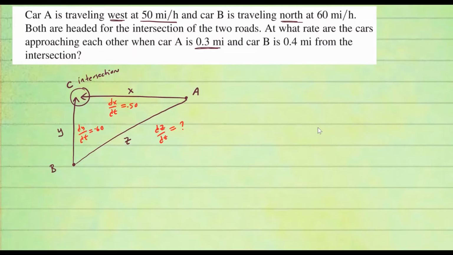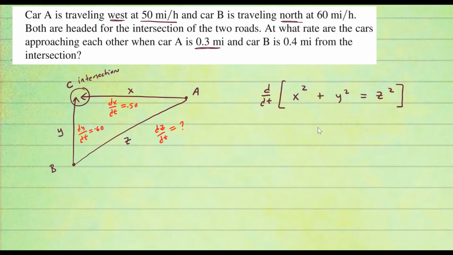So how do we set this up? We're going to use the Pythagorean theorem to relate these variables. x squared plus y squared is equal to z squared. Now let's differentiate with respect to t. We differentiate both sides. This is implicit differentiation.